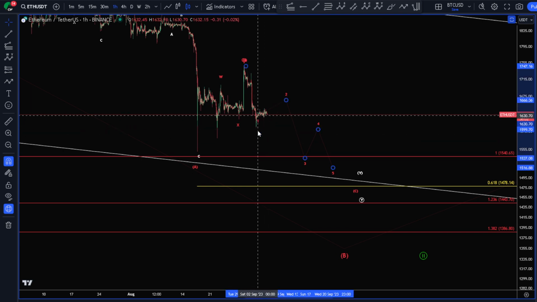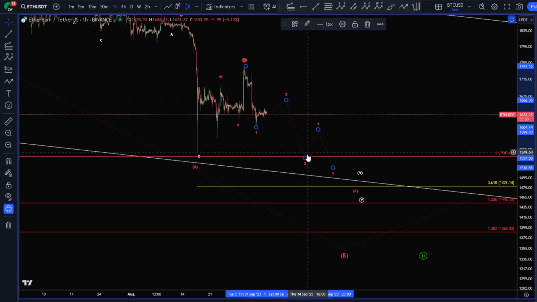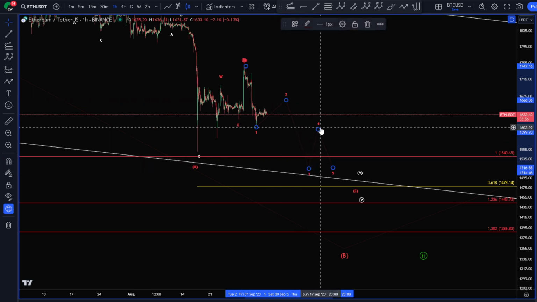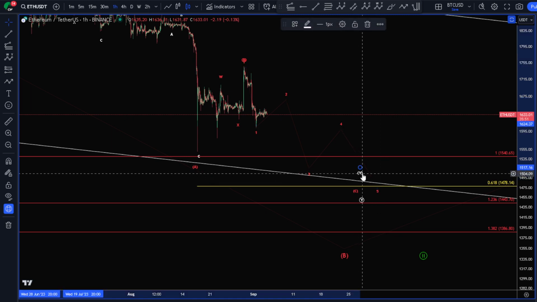So we want these 5 waves filling out to at least reach that level to consider this completed flat.